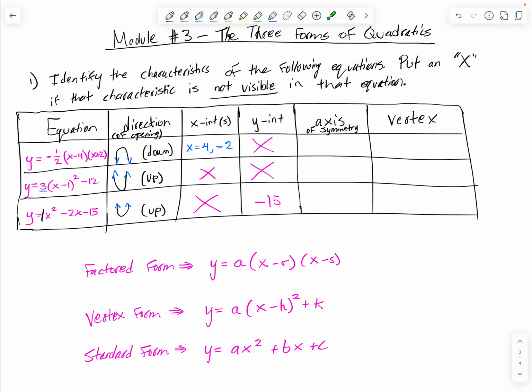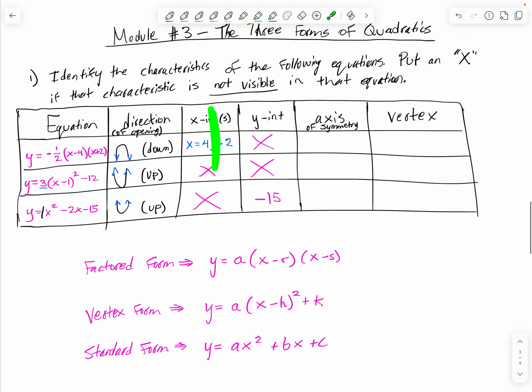Well, actually, I should be a little more careful. That's not actually true. Even though I can't read it off directly, if I know one of my zeros and I know the other, then my axis of symmetry is going to be right in the middle of those two. So really, I can actually tell my axis of symmetry.